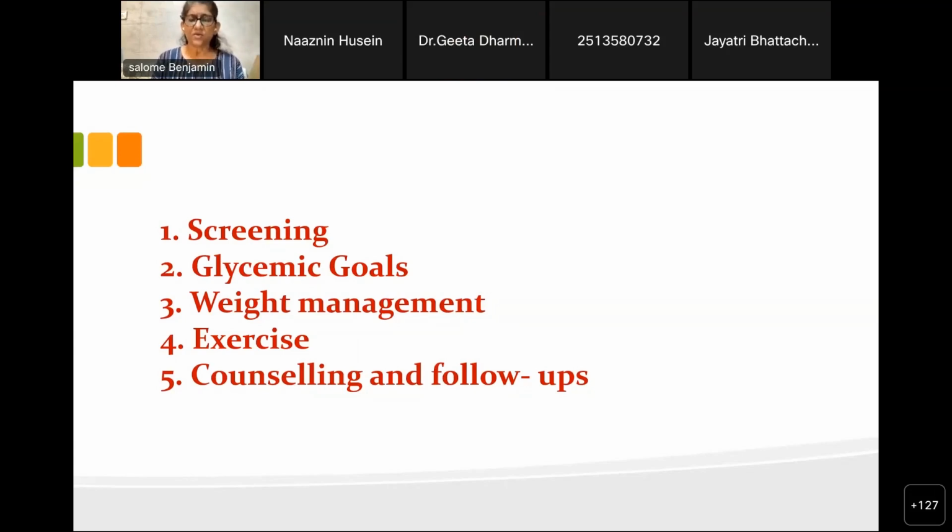And to work on the visceral fat, you can give an exercise regime to this patient, and then have a first follow-up, maybe in 15 days or 1 month, and see whether he is complying, whether he wants to adhere to this, and how he is going to do.